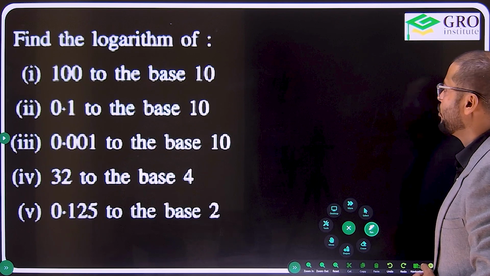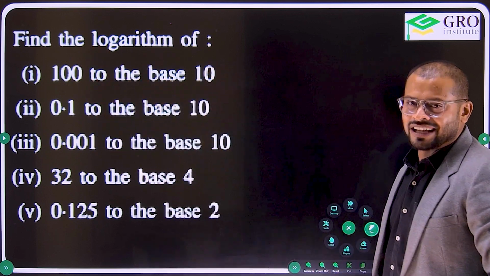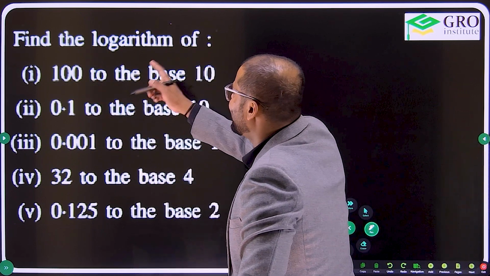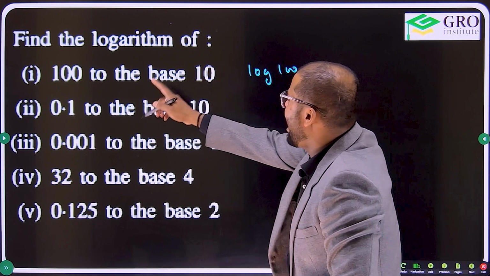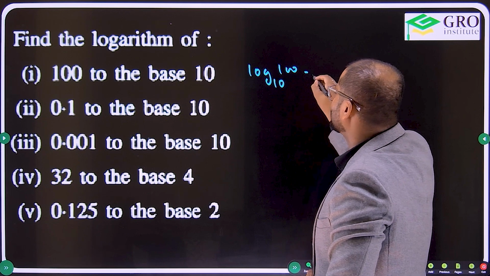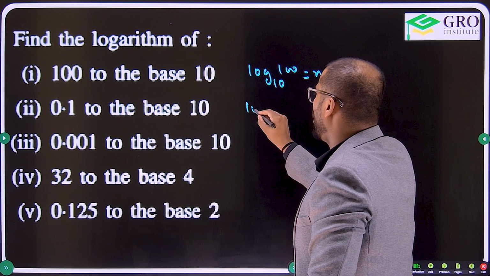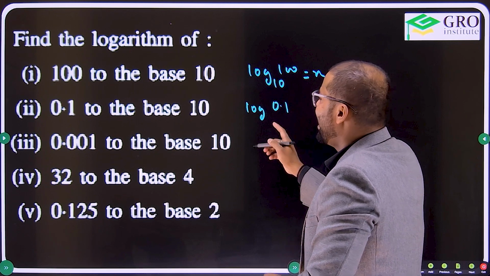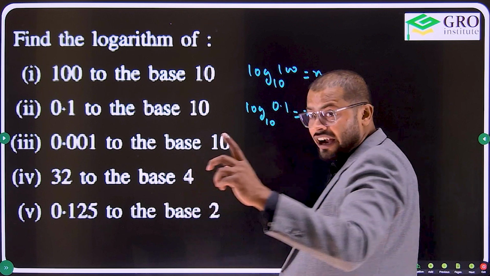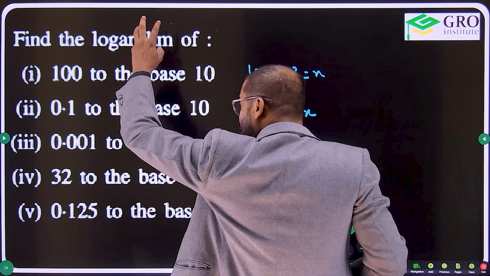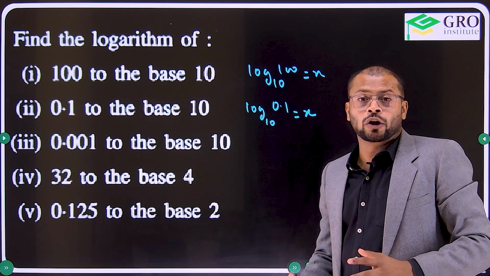Moving ahead, we have: find the logarithm of 100 to the base 10. So this is log of 100 having base 10. This is our first question. Log of 0.1 having base 10 is what? It is x. We will find the value of x also, but right now in one go let us be prepared with all the logarithmic forms.